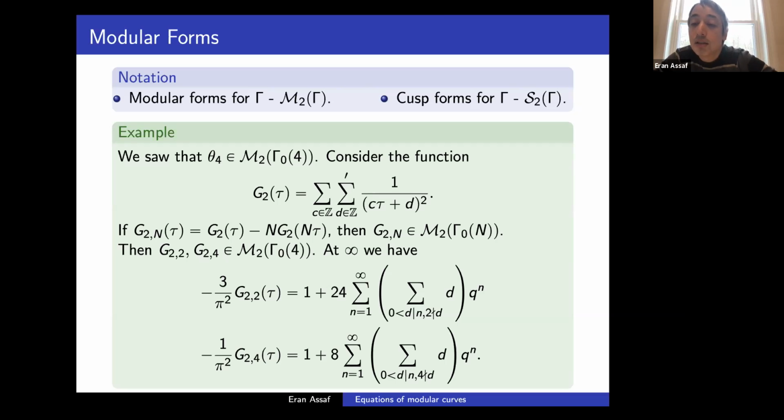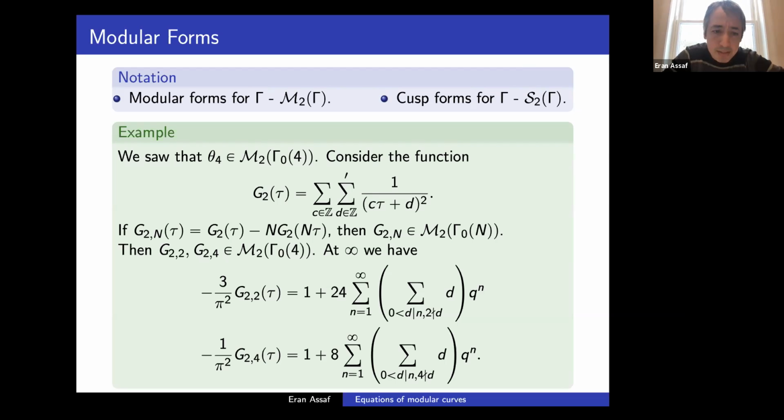You see here two linearly independent functions, so theta 4 must be some linear combination of them. A quick check by comparing Fourier coefficients shows that it is actually the bottom one. This gives you an explicit formula for the number of representations of a number as a sum of 4 squares, which are just the coefficients here. This is already due to Jacobi.